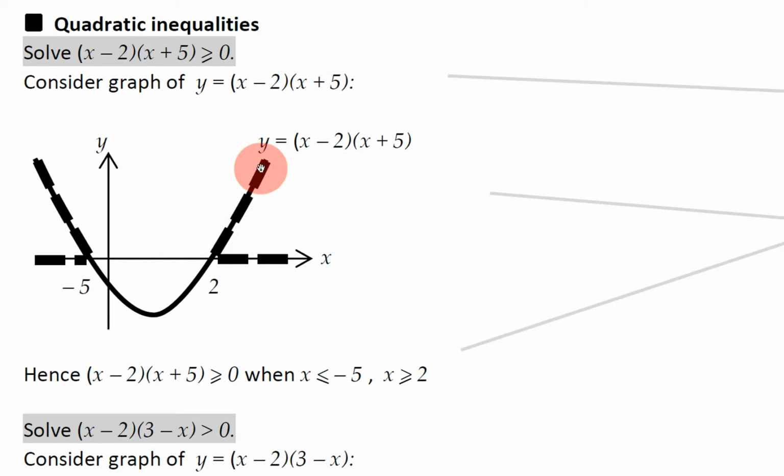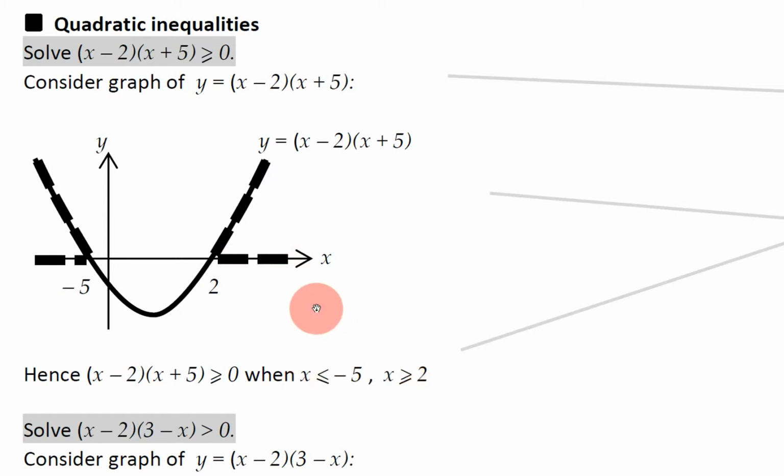Well, it's for these parts of the graph, here and there. And for what values of x is this graph positive? Well, it's for these values of x from 2 onwards and minus 5 below. So it's saying that for values of x which are less than or equal to minus 5 or greater than or equal to 2. And that's basically the answer.